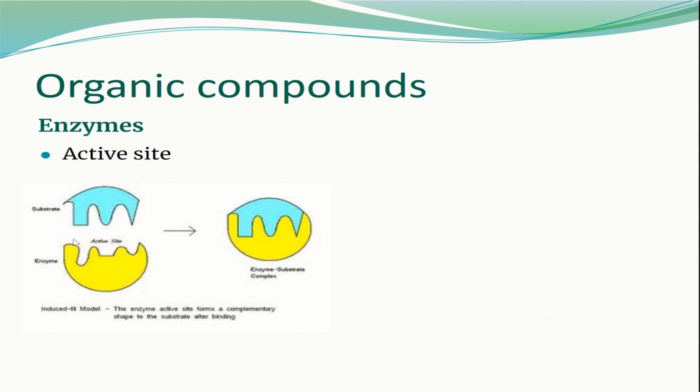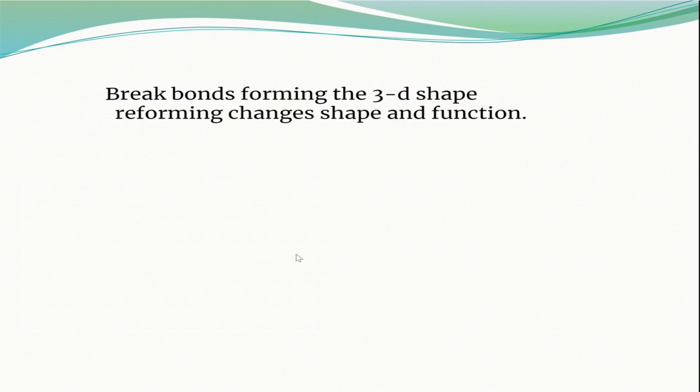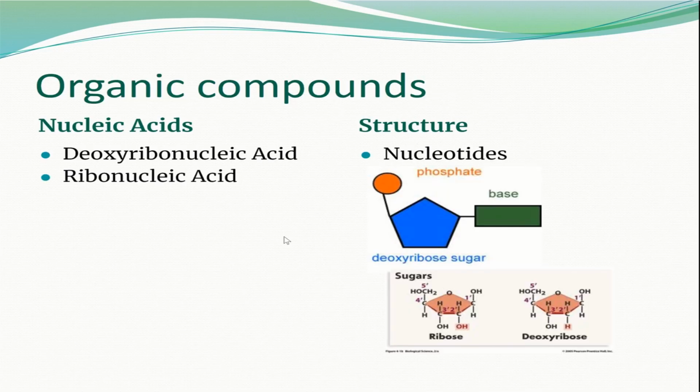And then, like I said, amino acids are the building blocks of proteins, and proteins have lots of different functions that they do throughout the body. Enzymes are a specific type of protein that carries out a specific function. And something that you need to understand is if we break the bonds that form the 3D shape of a molecule, we change the shape and function of that molecule. So nucleic acids and nucleotides are their monomer.